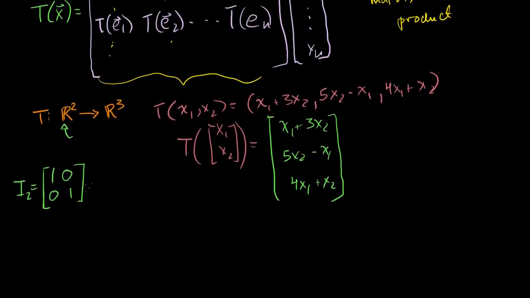But anyway, back to our attempt to represent this transformation as a matrix vector product. Our domain is in R2, so let's start with I2, our 2 by 2 identity matrix, and apply the transformation to each of its column vectors, where each column vector is a vector in the standard basis for R2.